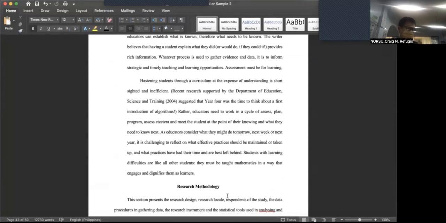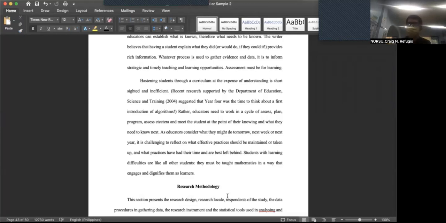But what you are going to consider in the review of related literature: do not just copy the literature and then paste it. It is the same as what we did in the theoretical framework. You've got the theory and relate the theory to the statement of the problem. You've got another theory and relate that one to the statement of the problem. You've got another study, then relate that one to the statement of the problem.